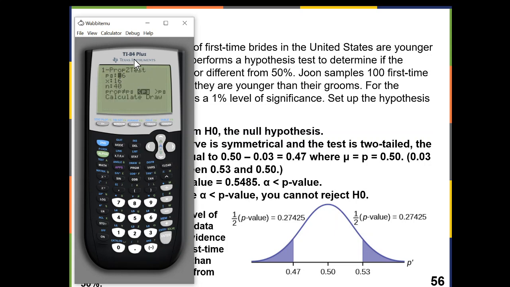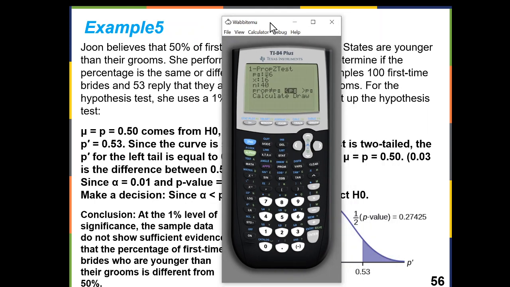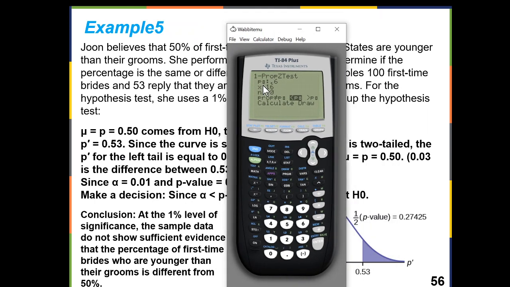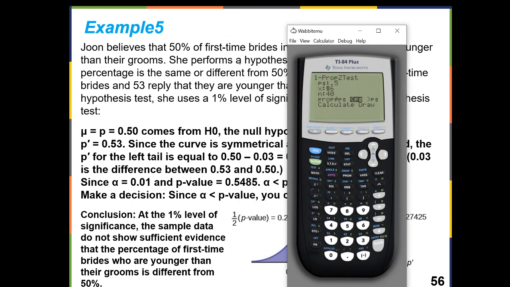Now notice that all you have to do is put what? What is hypothesized? Well, hypothesized p is 0.5 in this problem, right? What is the x from the sample? Remember, she took a sample of 100 and 53 of them said yes, or whatever, they satisfied the condition. So we put 53 and we put 100 for n. And what kind of test do we have?